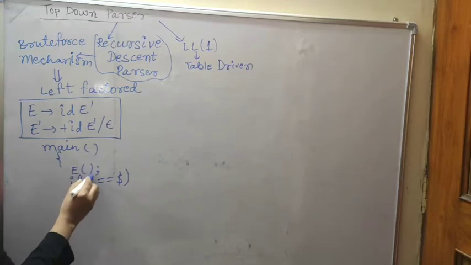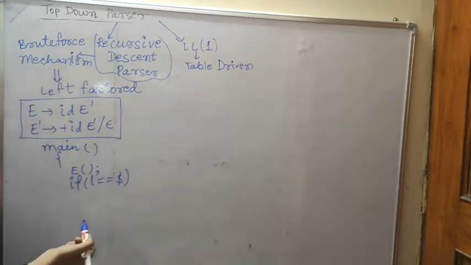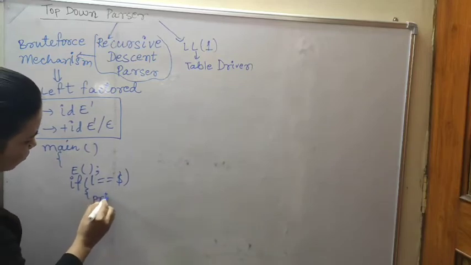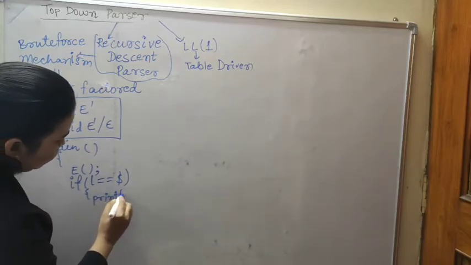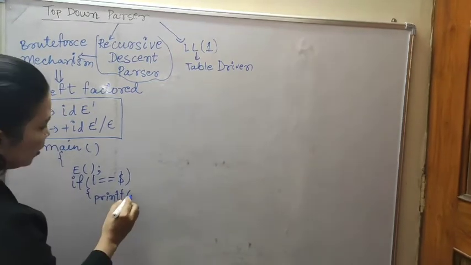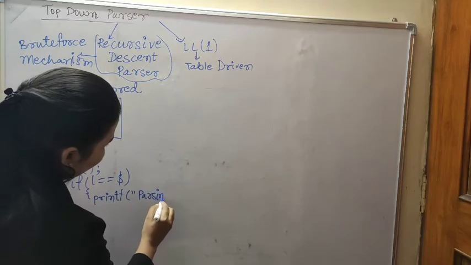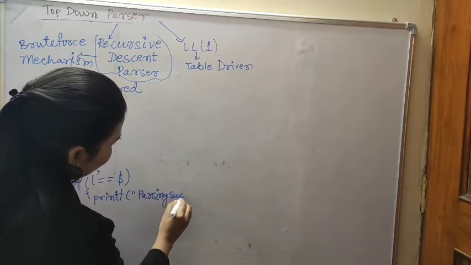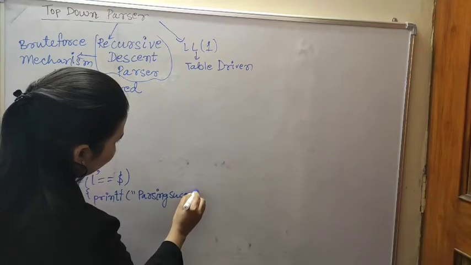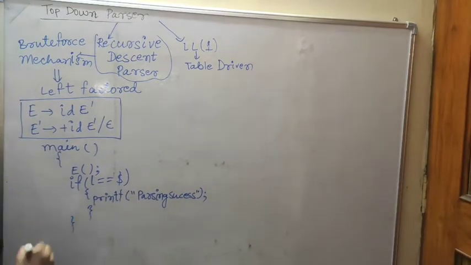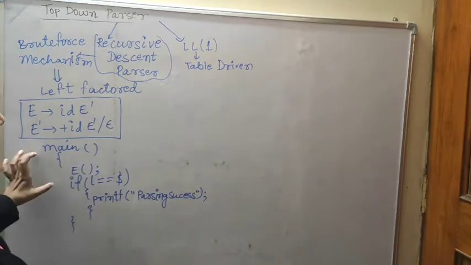I will explain afterwards. If look ahead equal to dollar, then printf parsing success. Then close the braces. Okay, so this is the main function.